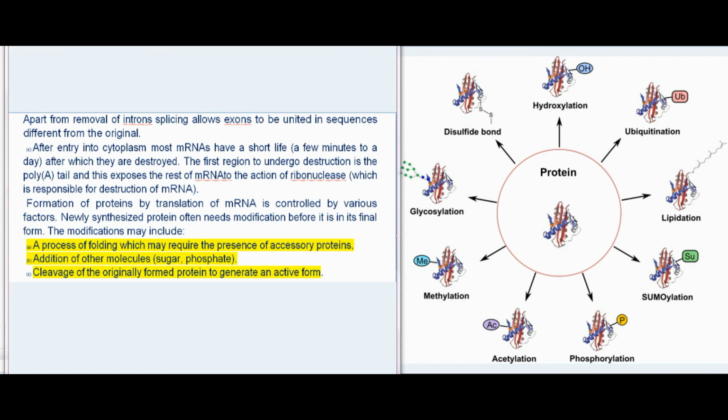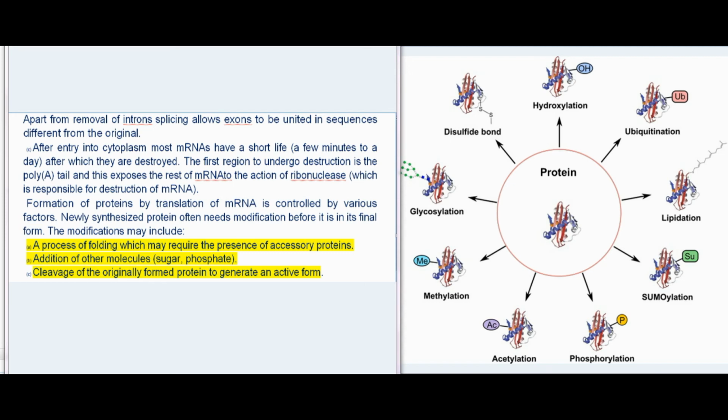C. After entry into cytoplasm, most mRNAs have a short life, a few minutes to a day, after which they are destroyed. The first region to undergo destruction is the tail, and this exposes the rest of mRNA to the action of ribonuclease, which is responsible for destruction of mRNA. Formation of proteins by translation of mRNA is controlled by various factors.